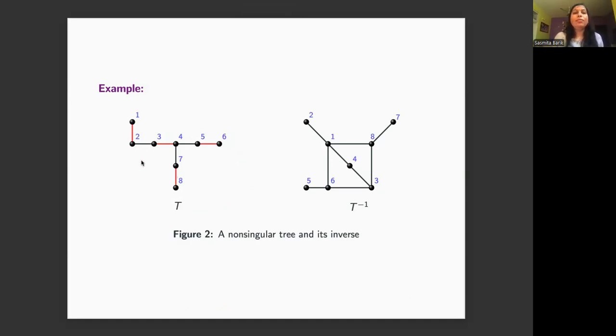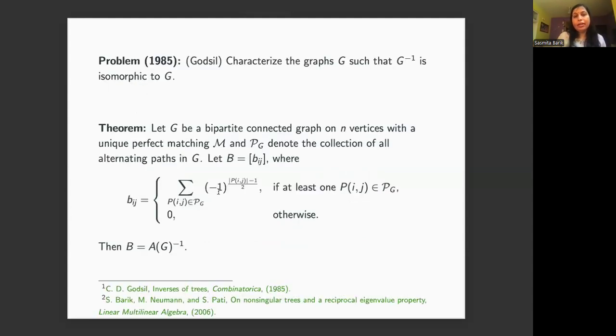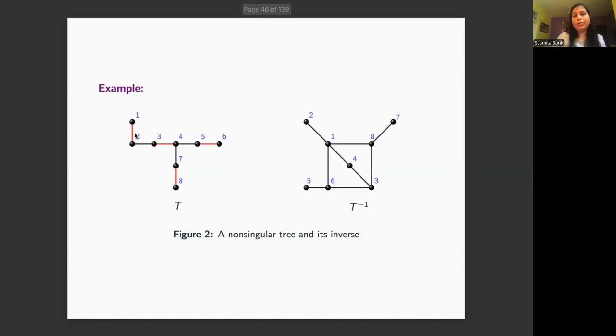Now if I want to check the inverse: between 1 and 2, there will be one edge, because there is one alternating path from 1 to 2, and that's the unique alternating path. So the entry will be plus 1 or minus 1, and there will be one edge between 1 and 2 in the inverse, and that's happening here.